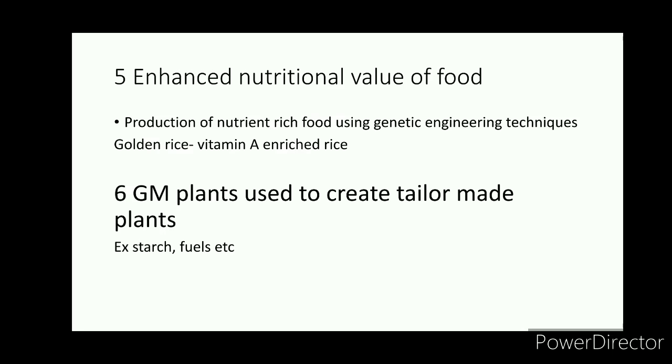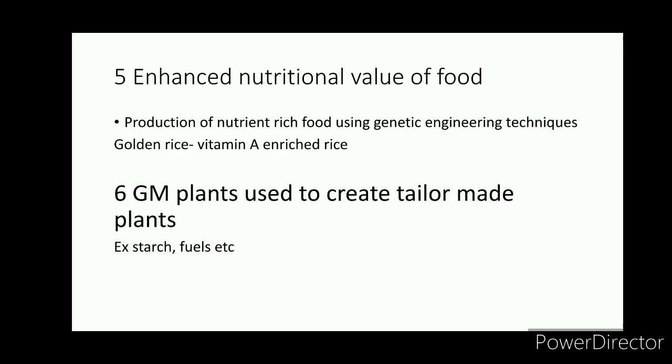Now, how is this golden rice produced? The precursor for vitamin A synthesis is beta carotene. So, the gene coding for beta carotene is inserted in the plants. Therefore, beta carotene can be produced in the plants, but it is not normally produced in the edible regions.